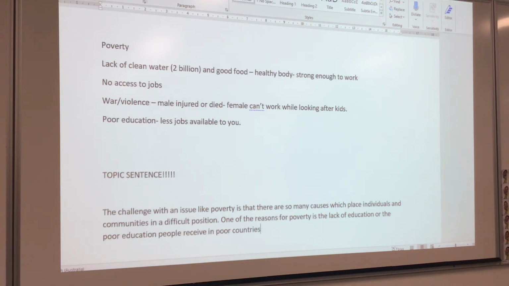You could say third world countries, you could say less fortunate countries, etc. One of the reasons for poverty is a lack of education or the poor education people receive in poor countries. And then I'd say why. Okay? This limits the job opportunities that these people have access to, and then you keep talking.